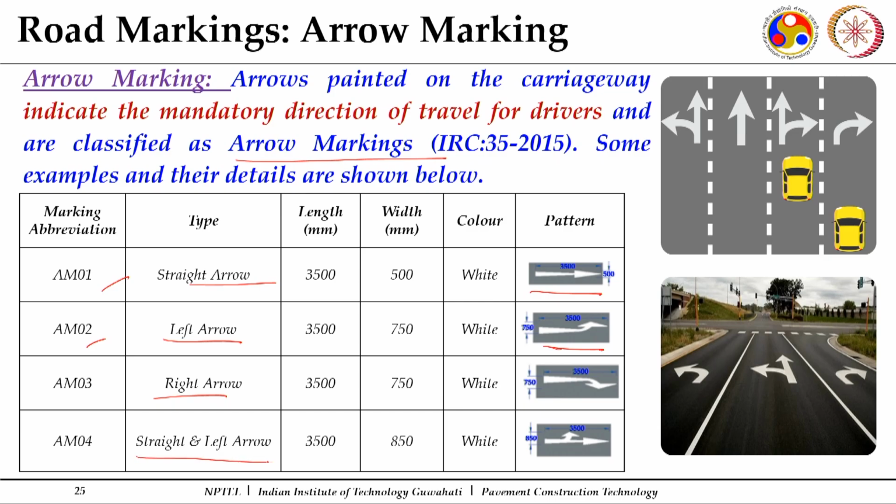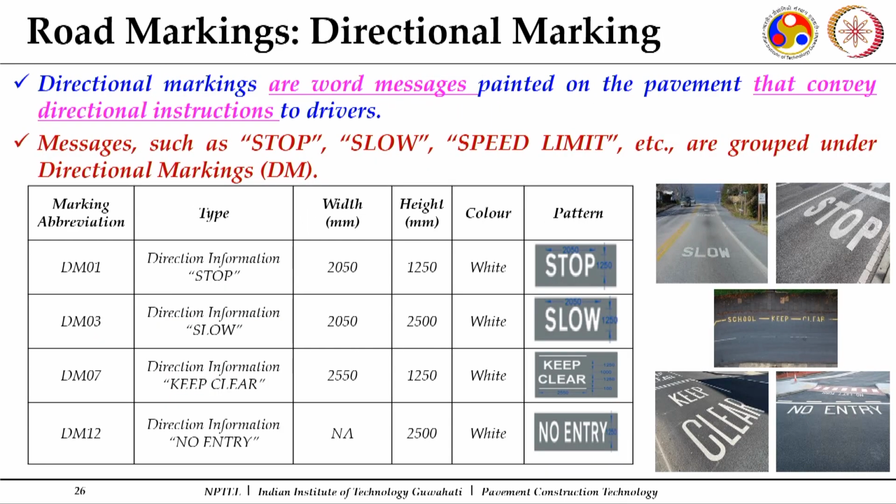It can be a straight and left arrow, which is shown here. So these are provided on the carriageway, and they give us the mandatory directions of travel for the road users or for the drivers, and they come under the category of arrow marking.